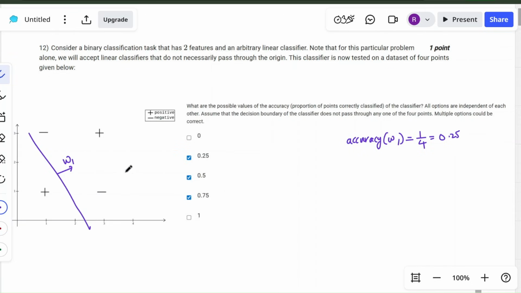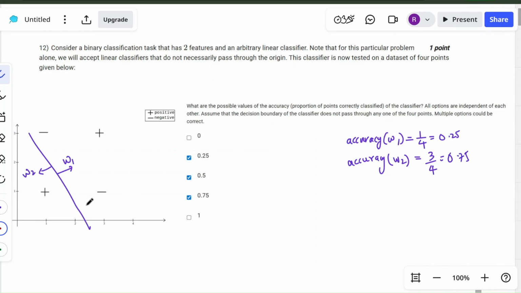Similarly, if I take W2, the same hyperplane but on the opposite side, what will be the accuracy of W2? This and this will be correctly classified. This will be wrongly classified. So this will be equal to 3 by 4, which is 0.75.